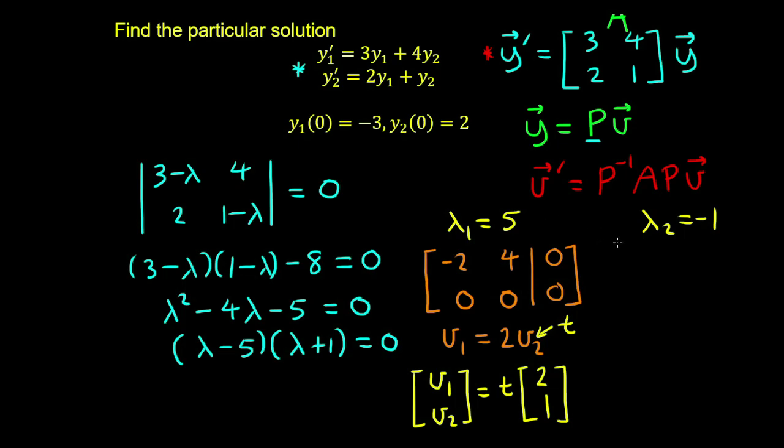And in a similar way, for lambda 2 is equal to minus 1, we have 3 minus minus 1, which is 4, and 1 minus minus 1 is 2. And we'll augment that with 0. So therefore subtracting 1/2 by row 1 from row 2, we get zeros.